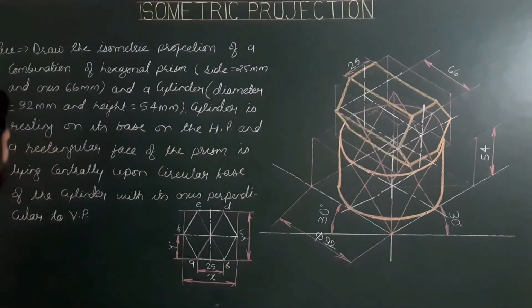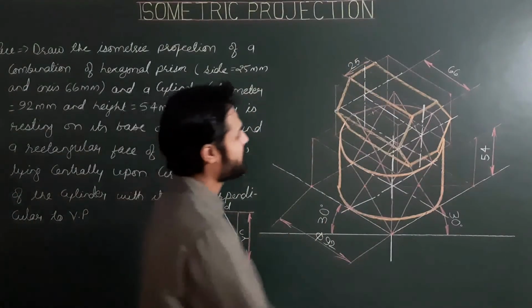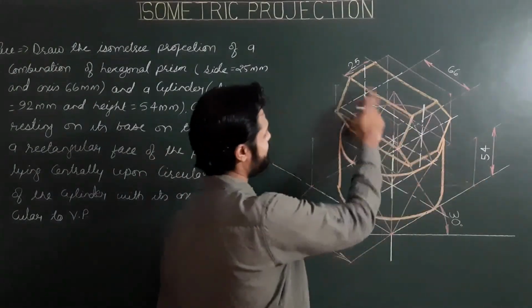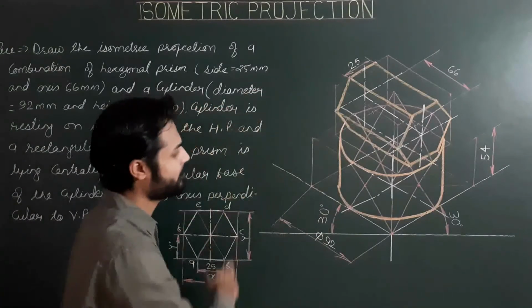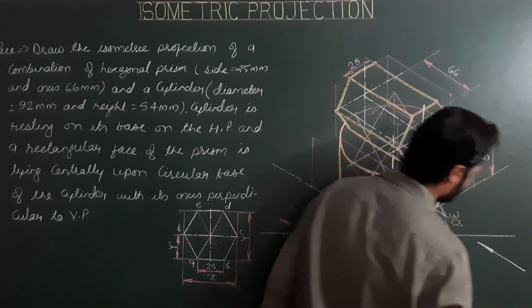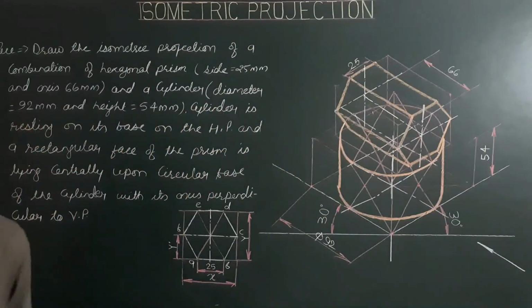Direction of viewing or direction of observation. For this combination, we are observing from this side because the axis is perpendicular to EP. So this will be the direction of observation.